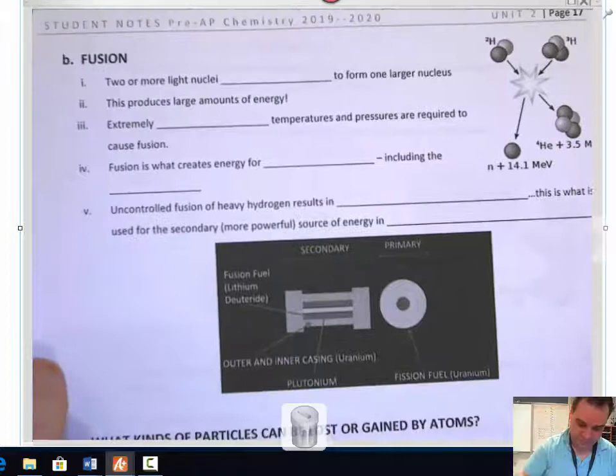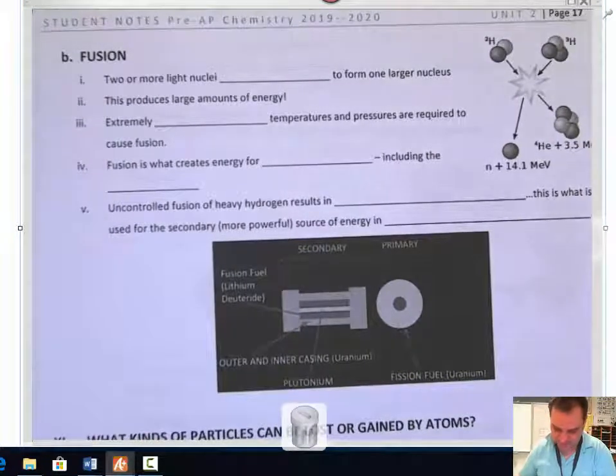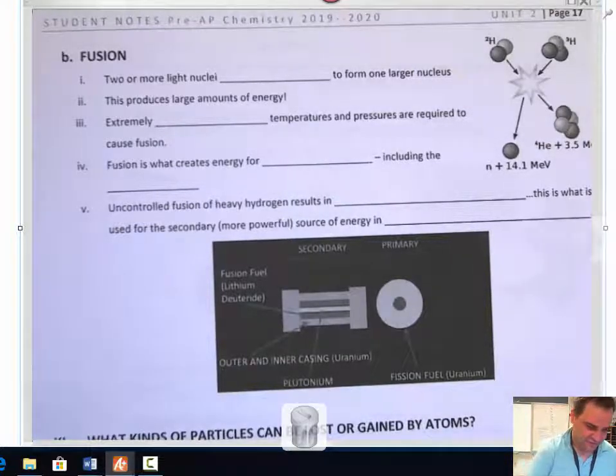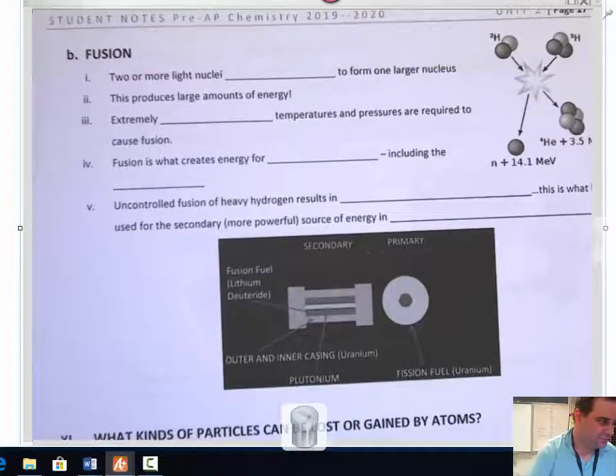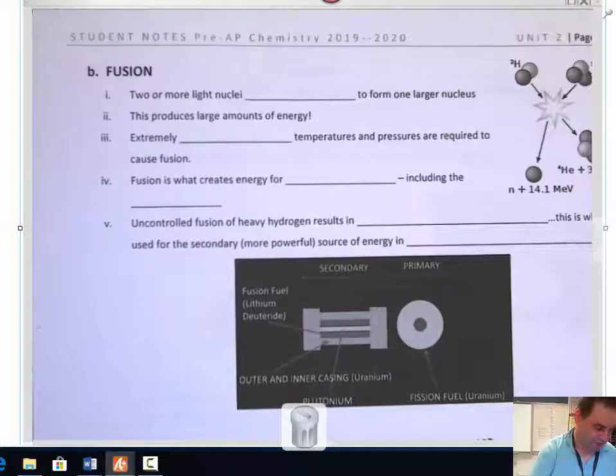Time to go over the other type of reaction, which is fusion. Here are the notes on fusion. Fusion is the opposite of fission.